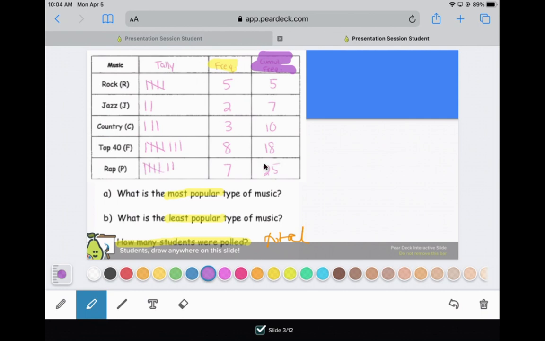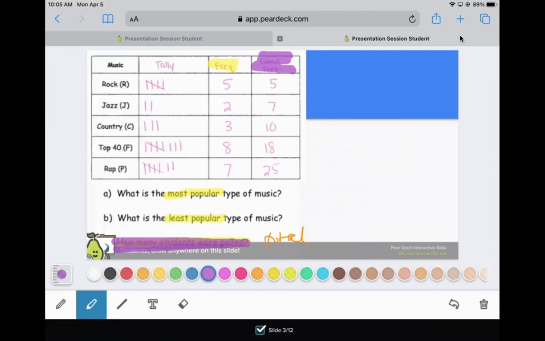Anyone would like to guess? I would just look at the frequency, yes. So when I ask for the most popular or the least popular, I will look for the frequency, yes. And the last one, I say how many, when they're asking about something about the total, then I will look for cumulative frequency, all right?